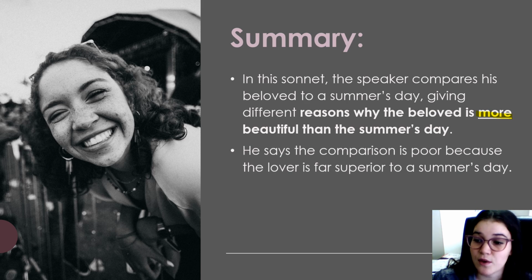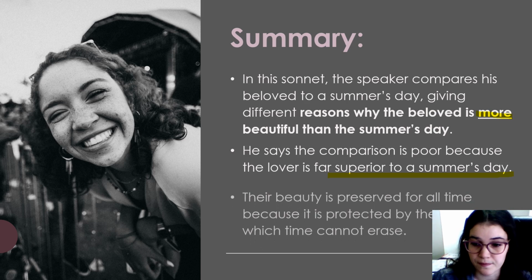He says that the comparison between his lover and a summer's day is poor because his lover is far superior to a summer's day. His lover is even better than a summer's day. The comparison does not live up to standard because she or he is far more beautiful.